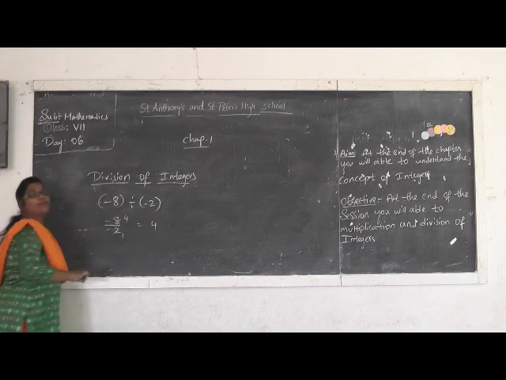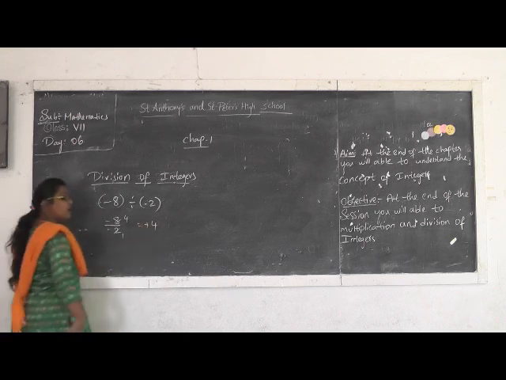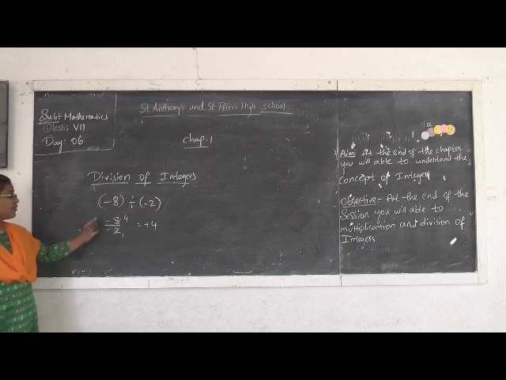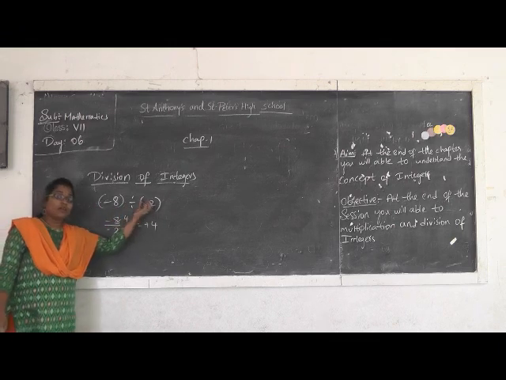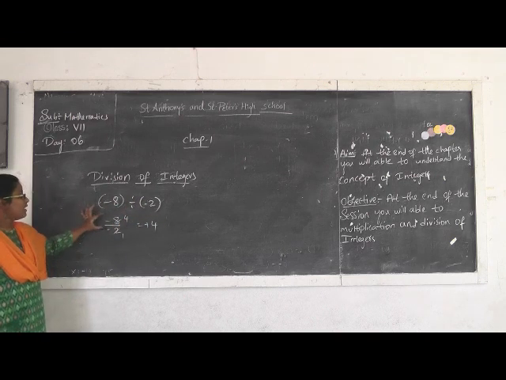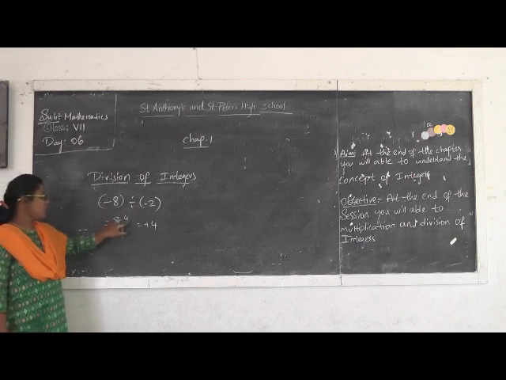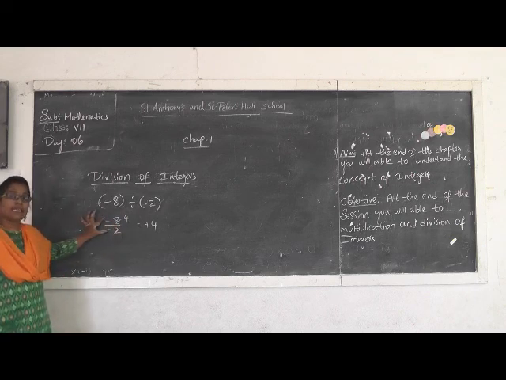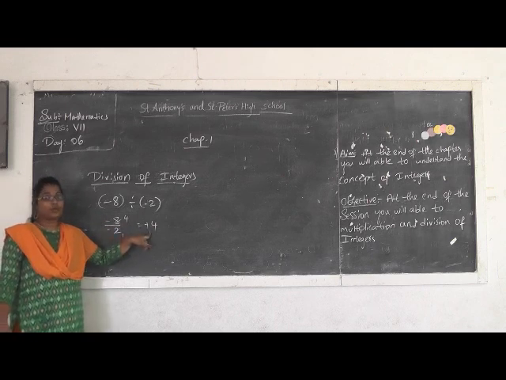Since both are negative integers, the result is positive. Are you clear? Here we are dividing a negative integer by another negative integer, so minus 8 divided by minus 2 is 4. Since both have the same symbols, we write it as a positive integer.